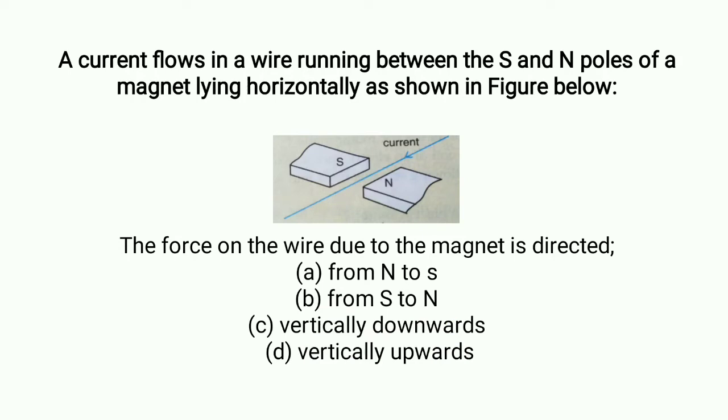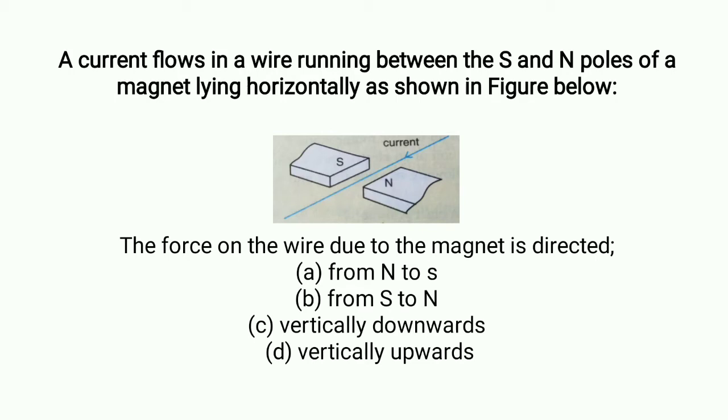A current flows in a wire running between the south and north poles of a magnet lying horizontally, as shown in the figure below. The force on the wire due to the magnet is directed: option A, from north to south; option B, from south to north; option C, vertically downwards; option D, vertically upwards.